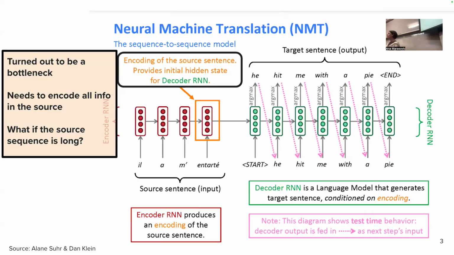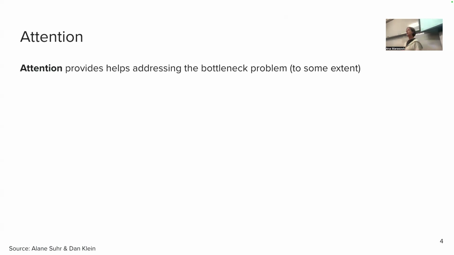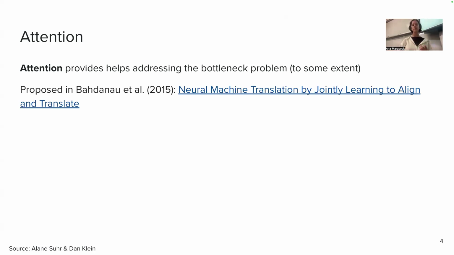So depending on where you are at decoding time, a different part of your source sequence might be important for that decoding time step. So there is also some notion of this information from the source sequence being dynamic in some way. And this brings us to attention. So attention is a mechanism that is going to help us address this bottleneck problem, that we are trying to cram all the information from the source sequence into just a single vector.